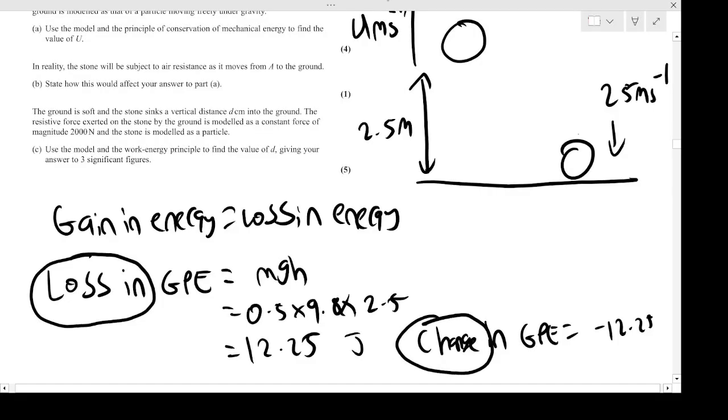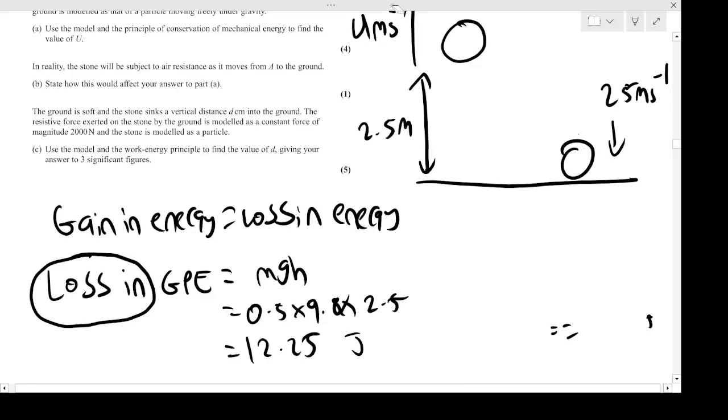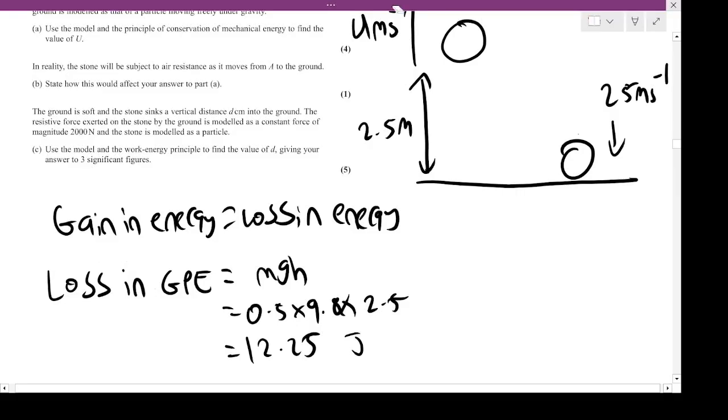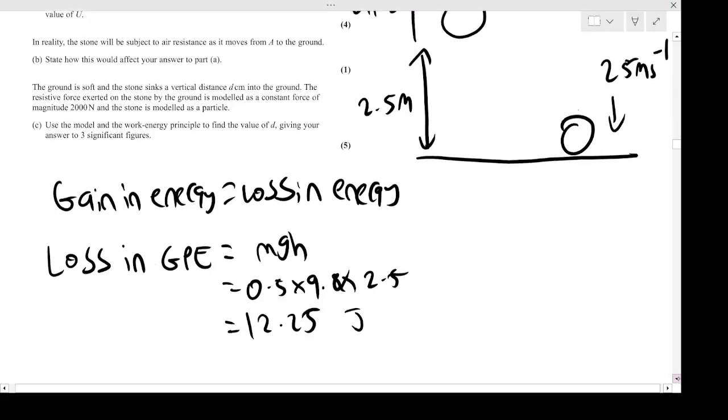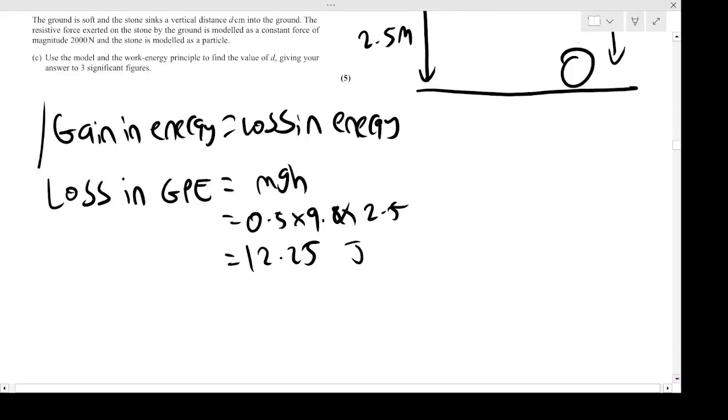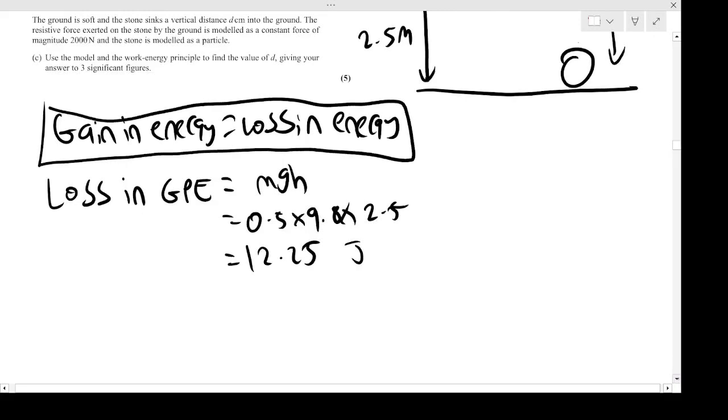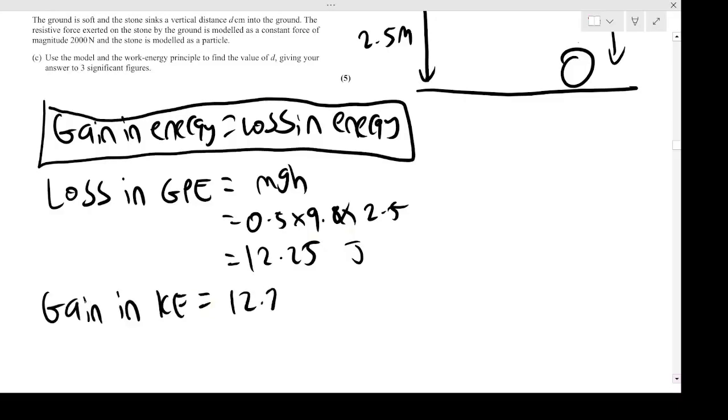The change in gravitational energy is minus 12.25, but the loss is just 12.25 joules. I know it's a very slight difference, but there we are. That's the loss in gravitational energy, so according to conservation of energy, we need to gain that back in kinetic energy. So the gain in kinetic energy has to be 12.25 as well.